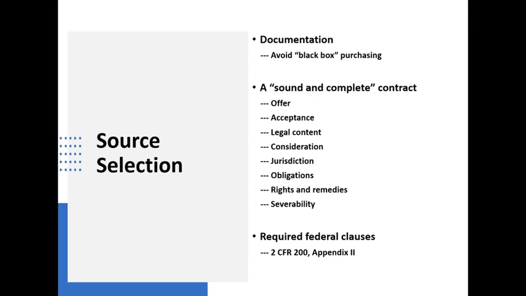And I suggest to you that you avoid what some in the field call black box purchasing. Black box purchasing is where all the offers that are received go in one side of the black box, and the successful contractor comes out the other side and you can't tell what went on in the box. So transparency in terms of purchasing decision making is what's expected here.